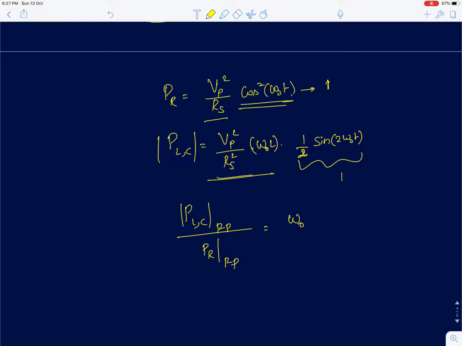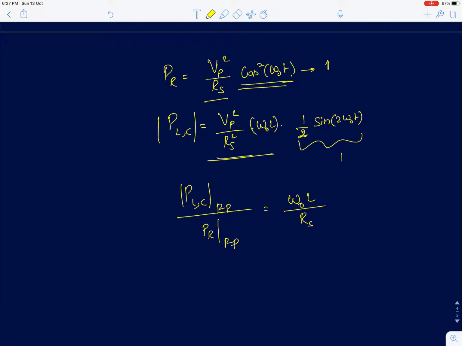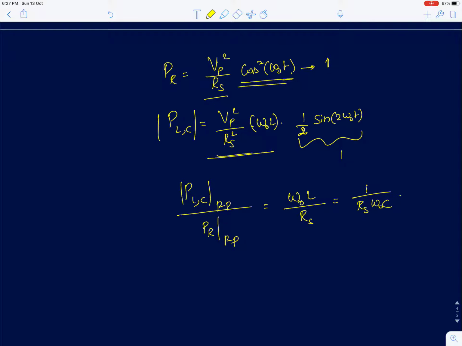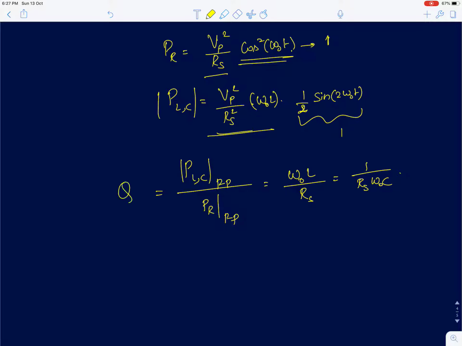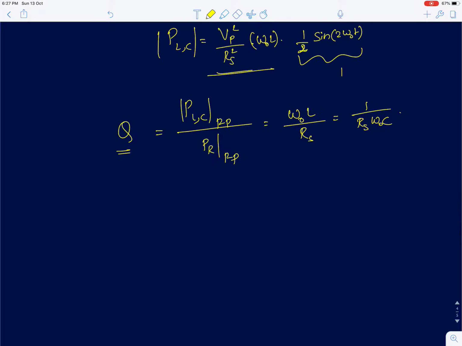We have already derived this for parallel and lossy inductors, so you can go through that. Then you get omega naught L by Rs, which is also equal to 1 by Rs omega naught C. So this is the other definition of Q. For a series RLC circuit, Q is omega naught L by Rs, or 1 by omega naught C Rs.